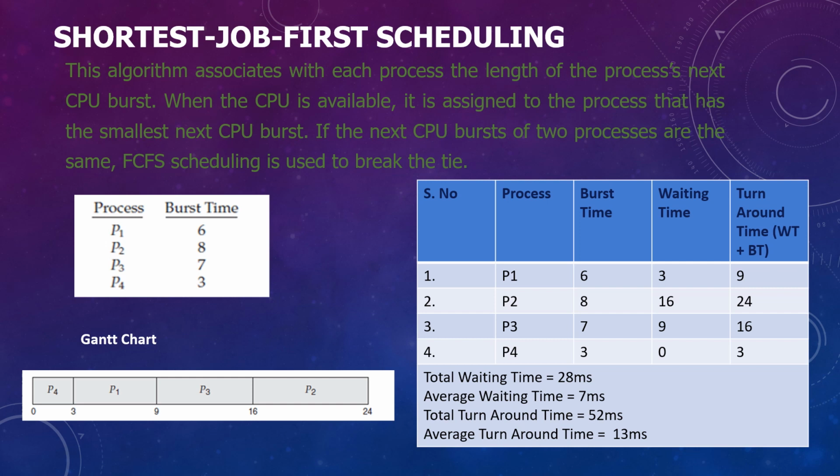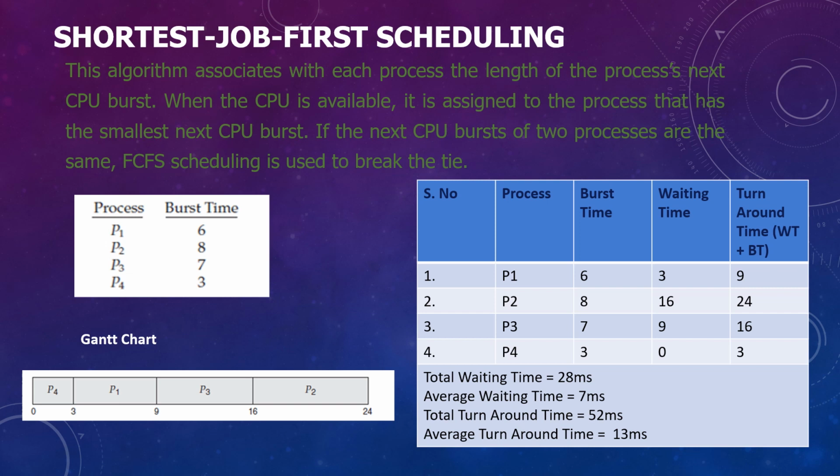So the waiting time for process P4 is 0. This is how you calculate the waiting time for each process. Next, we can find the total waiting time. When you sum up all the waiting times, you get 28 milliseconds.